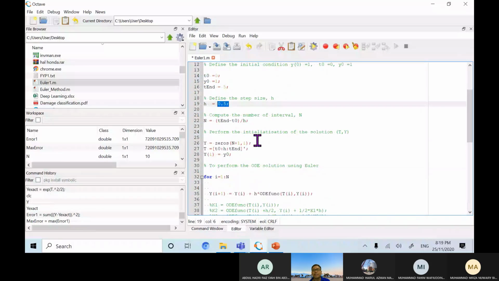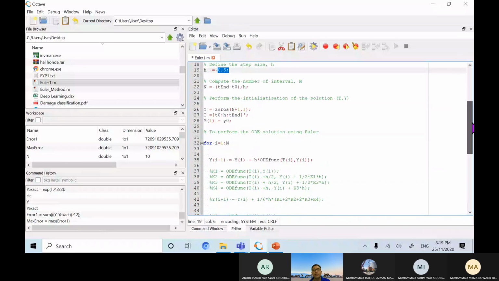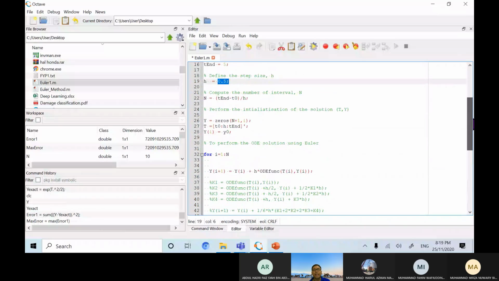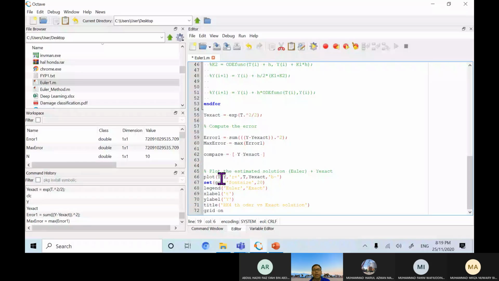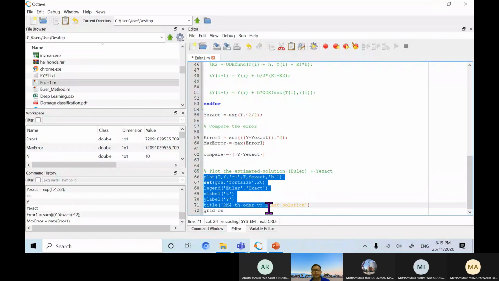Your error is very large, meaning that method ni tak berapa accurate kalau you guna H 0.5. So maybe you nak tengok dalam bentuk gambar, boleh. Kita tengok gambar, kita plot. We plot the actual, the estimated with the exact value. Kita plot. So saya akan plot ini.